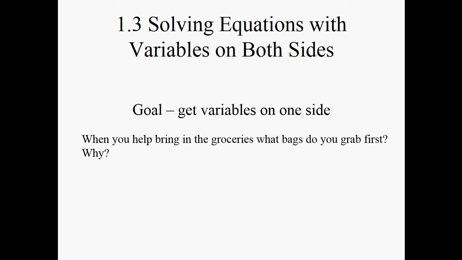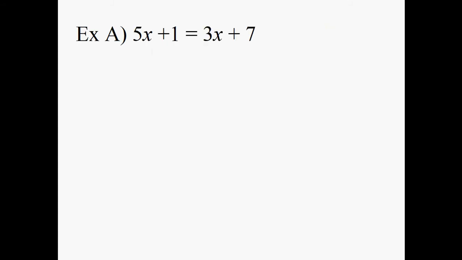So this is what we want to do. We have our equation here, and we have our 2 variables. The variables are separated on separate sides by the equal sign. And again, I said the goal is to get it on one side.